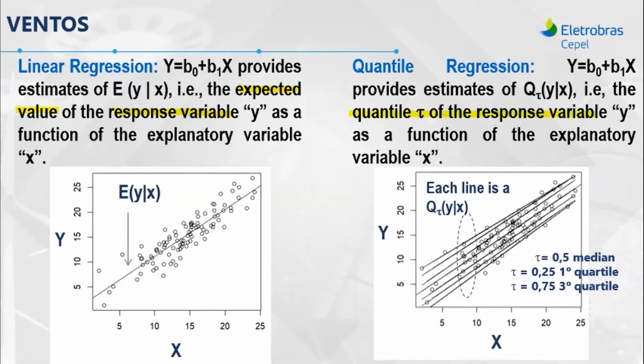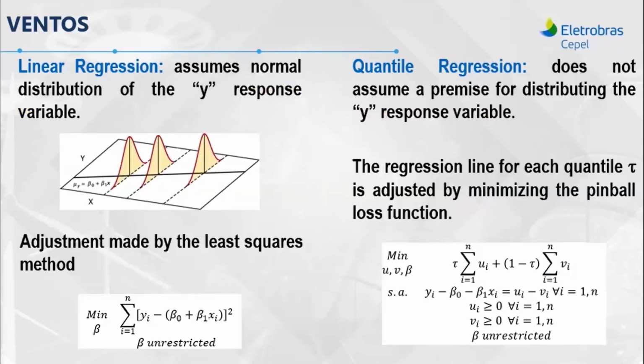So if you want to estimate several quantiles, we will have several regression equations, one for each quantile. Besides that, in linear regression, we assume a normal distribution of the response variable. We don't have to do that in quantile regression, so we can estimate any distribution.